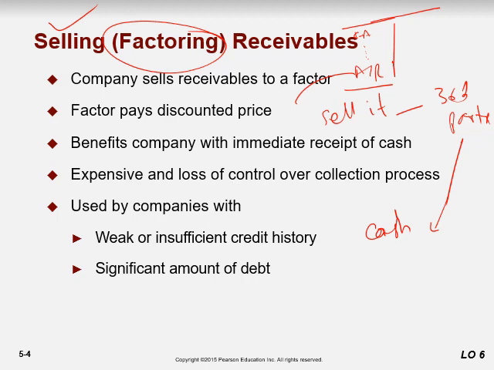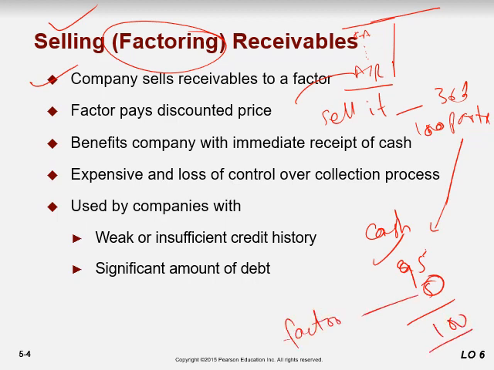The company sells its receivable to a factor, for example for 95. It means if you have 100 in your accounts receivable, you receive 95, and the person who buys your receivable takes on the collection effort, in which you sell your accounts receivable at some kind of discount price, right?